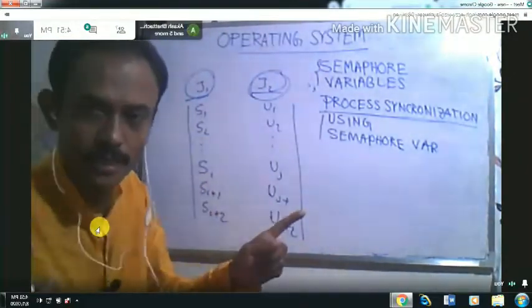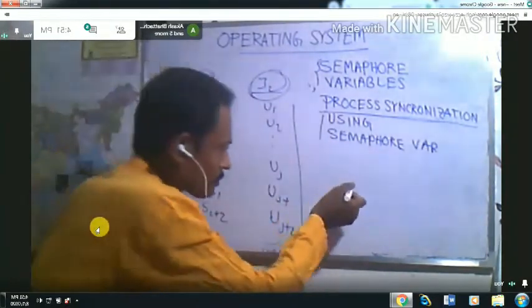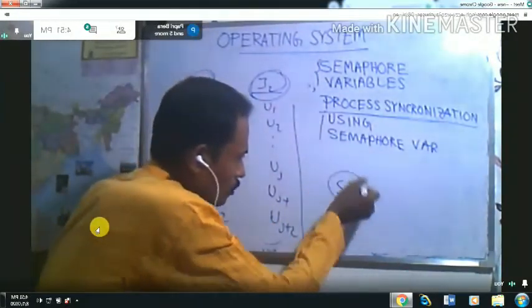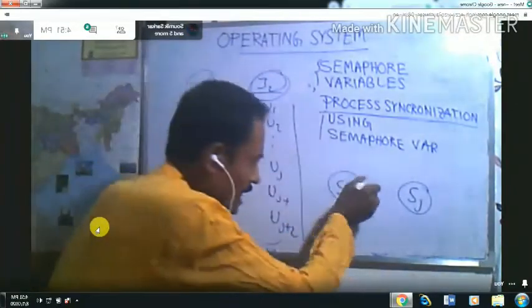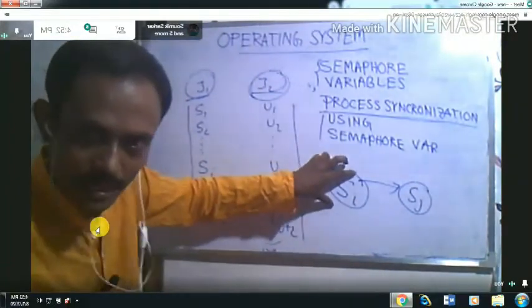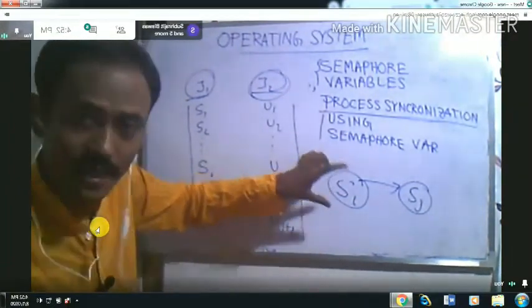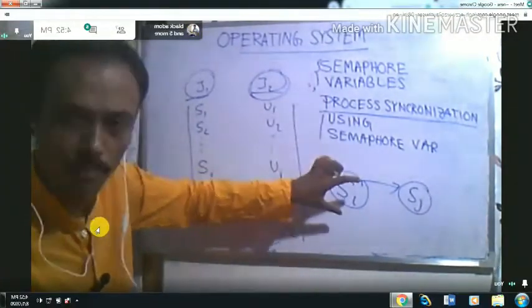Clear? Concurrently. In the previous problem you already saw that if there are two processes SI and SJ and there is a synchronization problem, then until SI is executed completely, SJ cannot start.